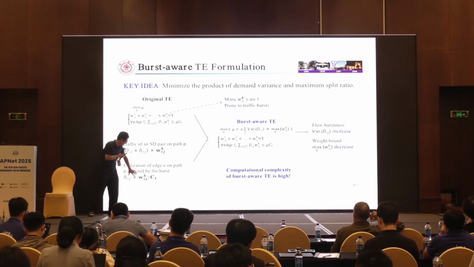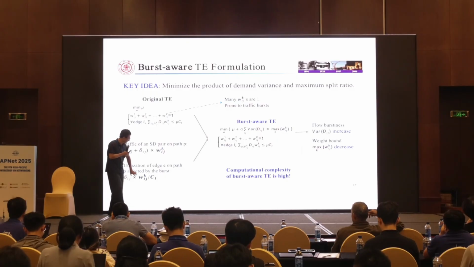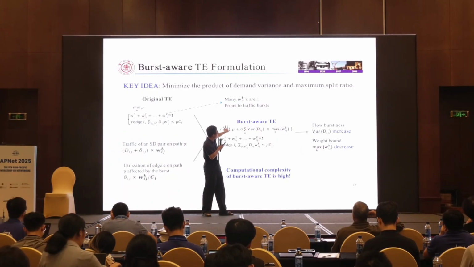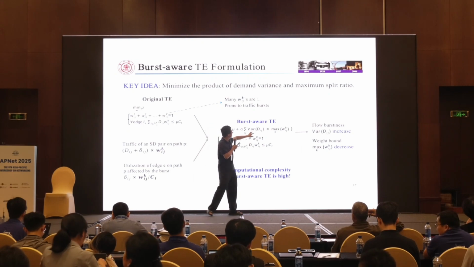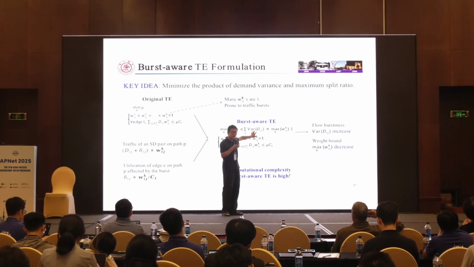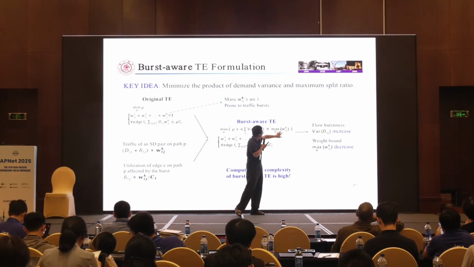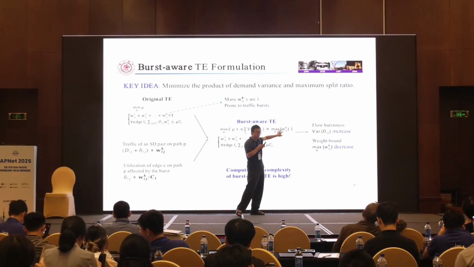Notice that we have this product term. In this new formulation, we multiply the variance of the traffic demand and the maximum routing weights for each flow.